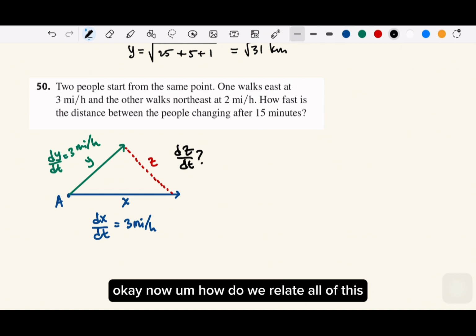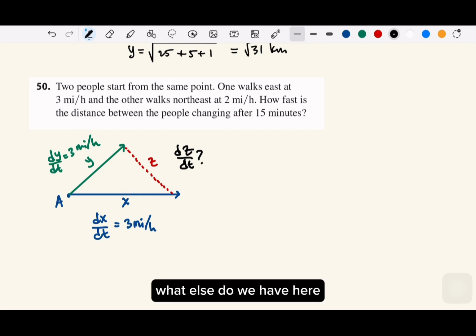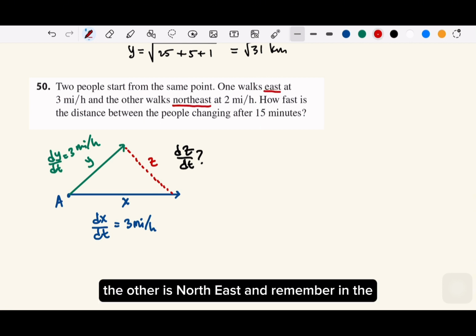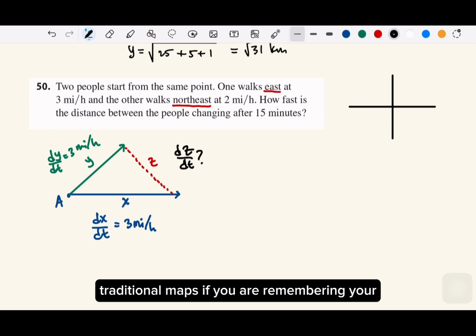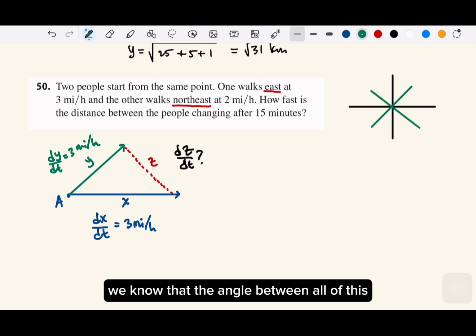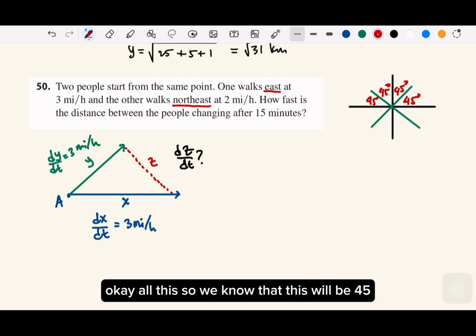Okay, now how do we relate all of this? We have x, y, and then we want to know z. We have dx/dt, we have dy/dt. What else do we have here? One is east, the other is northeast. And remember in traditional maps, from maybe your elementary school, we know that the angle between these became 45 degrees, right?